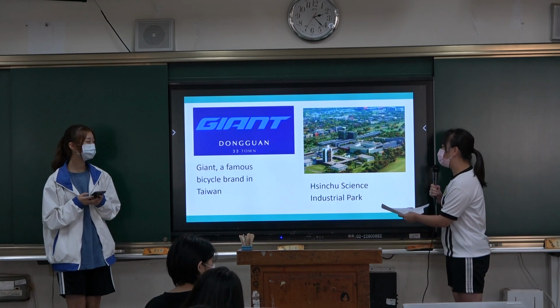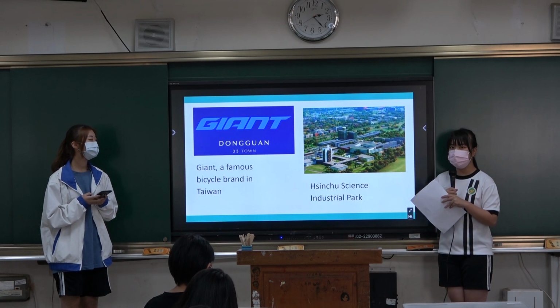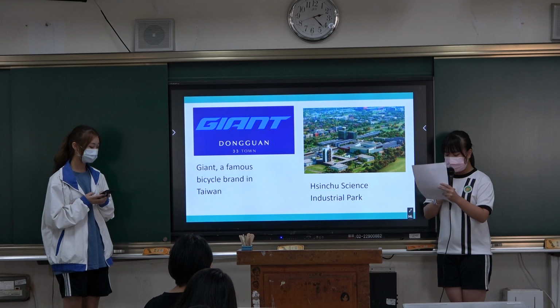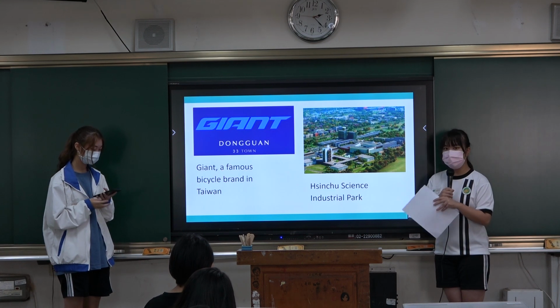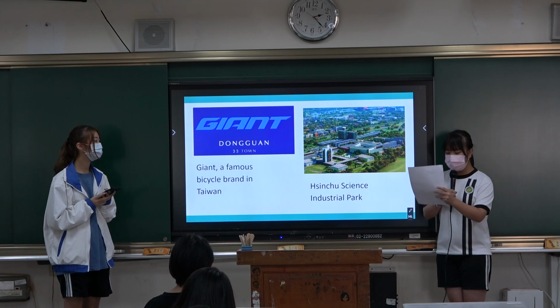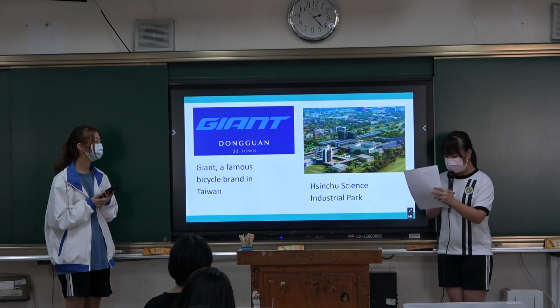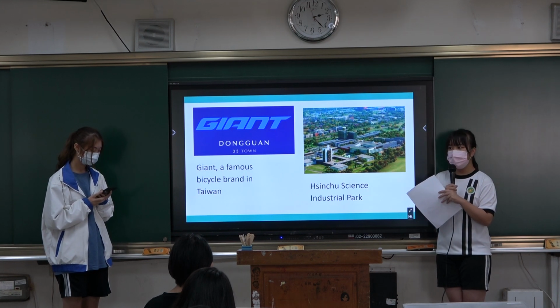And this one is Hsinchu Industrial Park. In 1980, with industrial upgrading, we developed capital and technology intensive electronics, information, and machinery. Taiwan's integrated circuit manufacturing has also been established.